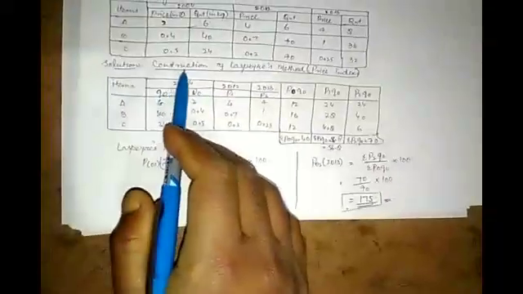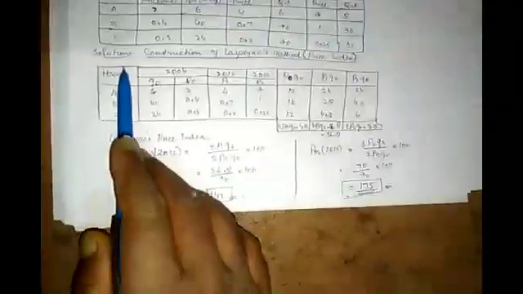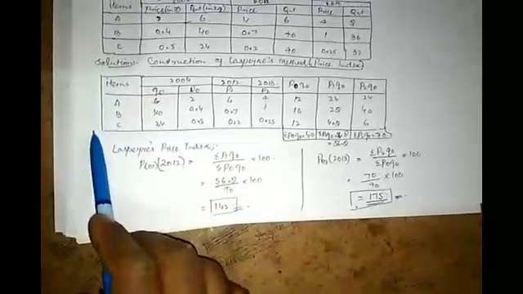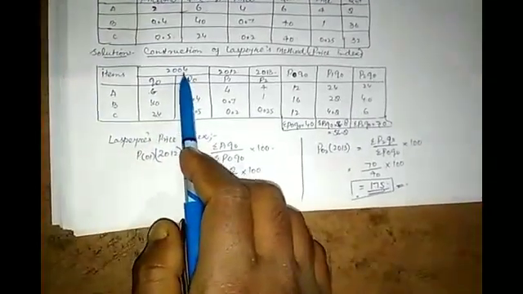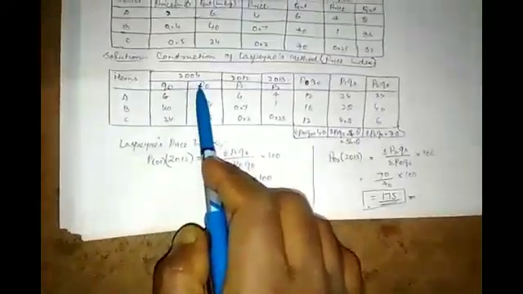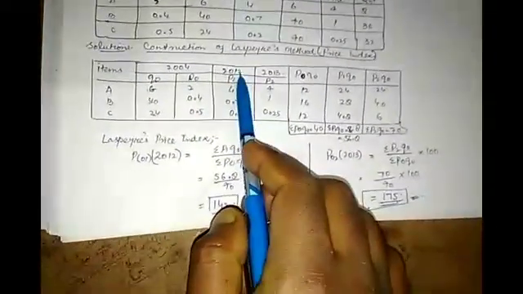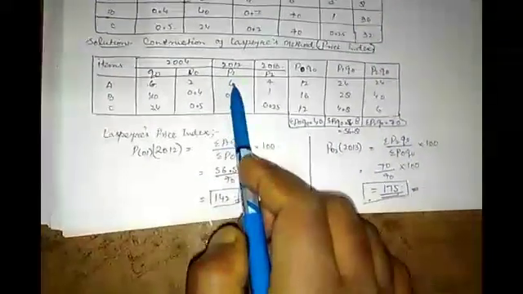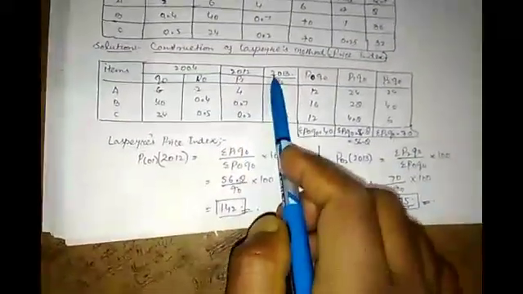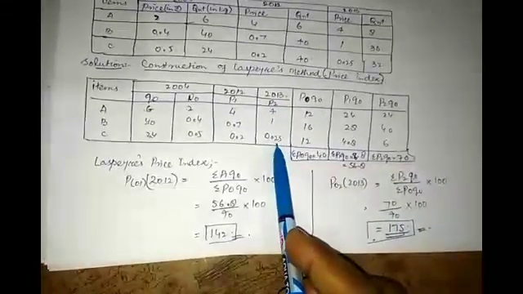After that, we construct the table for the Laspeyres price index number. We have the same data, items A, B, and C. 2004 as base year, Q0 and P0. Their price was 2, 0.4, 0.5 and quantity 6, 40, 24. In 2012, price P1 is 4, 0.7, 0.2. In 2013, price P2 is 4, 1, and 0.25.